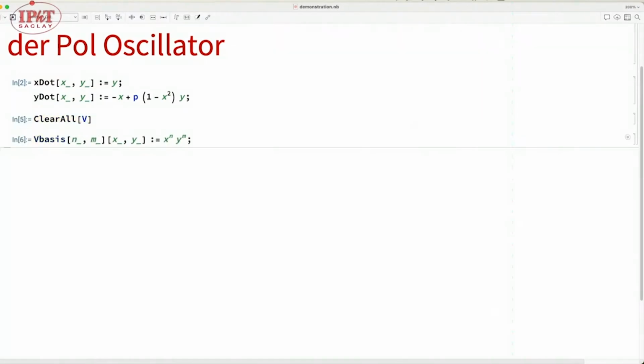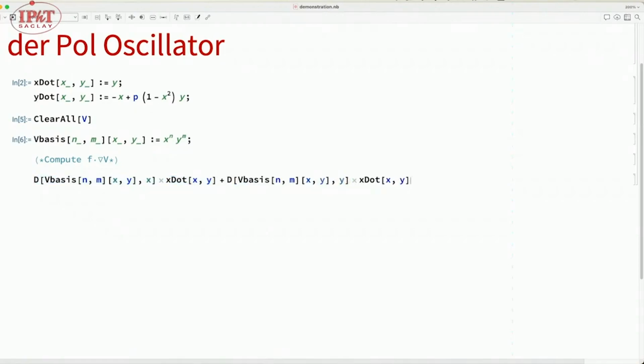Yeah, so now we want to compute f dot nabla v. If you want to enter nabla in Mathematica, you can write escape del escape. We want to compute this, which, using the chain rule, is the same thing as v basis with respect to x times x dot, plus the same thing where we replace x by y and x dot by y dot.